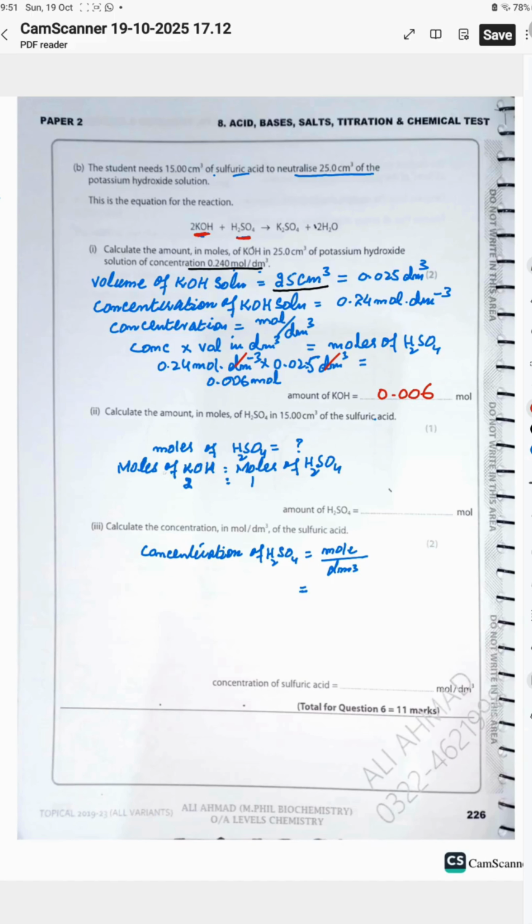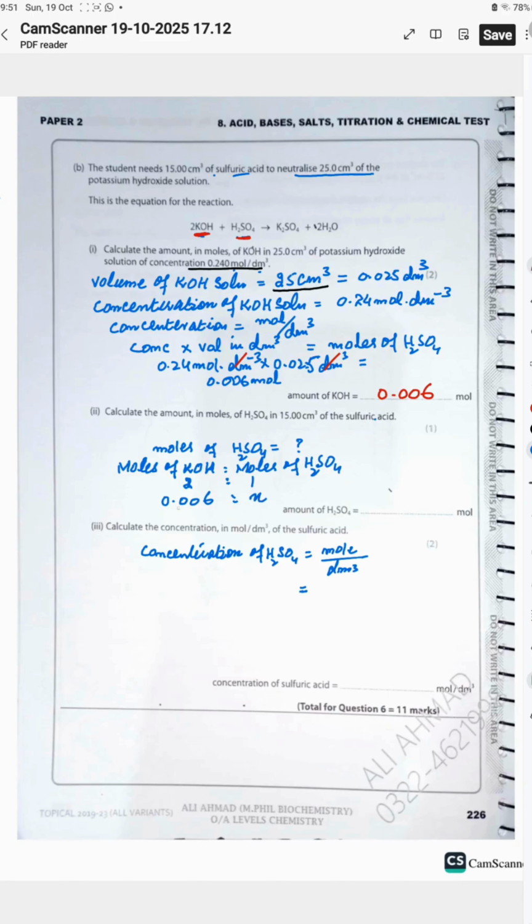Now if I write down the moles of KOH versus the moles of sulfuric acid, 2 moles of KOH react with 1 mole of sulfuric acid. But you are provided that if there are 0.006 moles of KOH, then how many moles of sulfuric acid should be here?